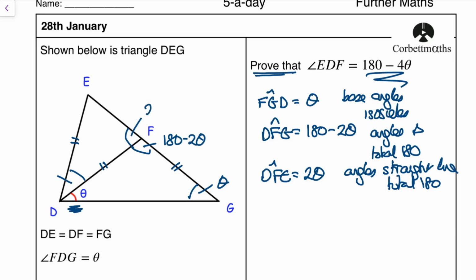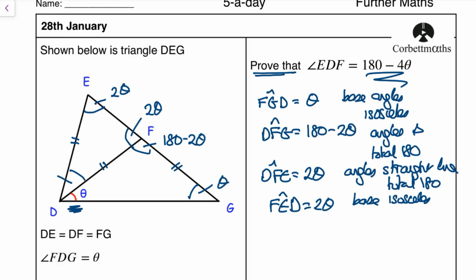So I now know this is 2 theta. Now I can say angle FED equals 2 theta, because again, base angles of an isosceles triangle are equal. It's slightly tedious, but it's not a terrible question. And again, you're writing the words "are equal". It's important you write all this, not just my short summary cheat version.